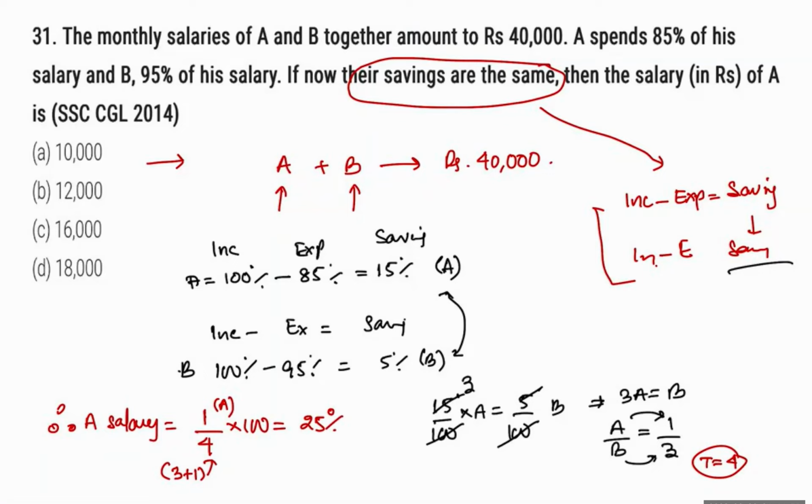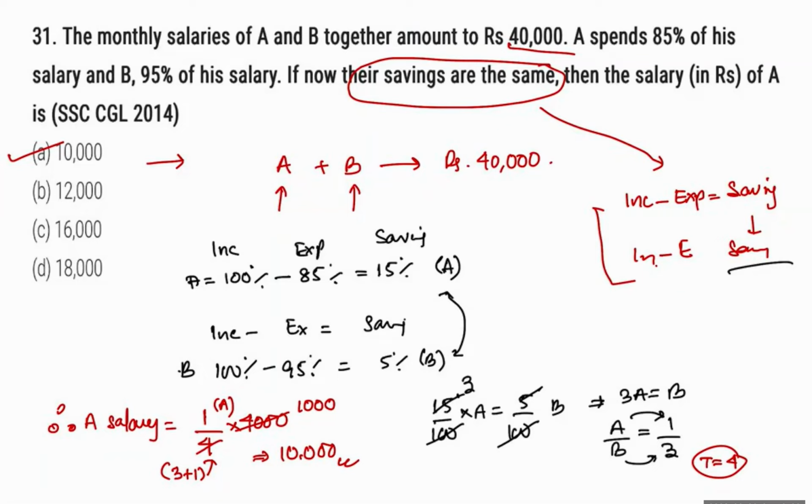Sorry, percentage. The question asks for the 40,000 salary. 40,000 divided by 4 is 10,000. 10,000 is the answer.